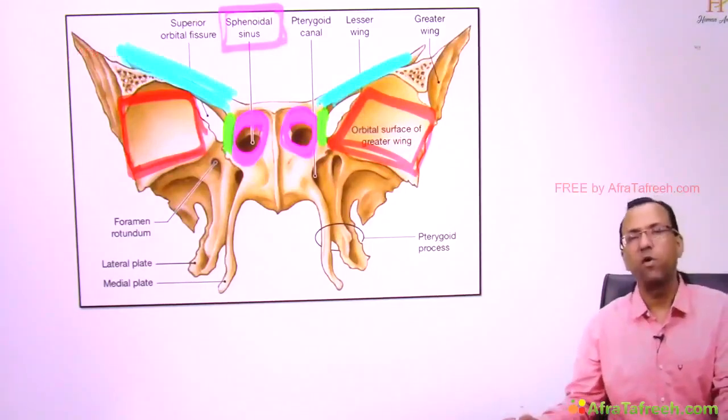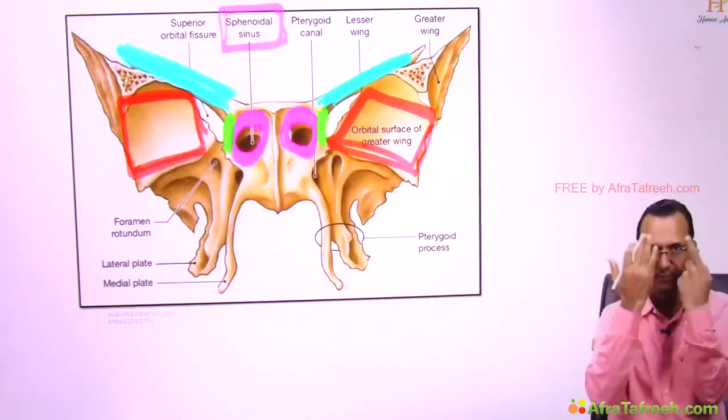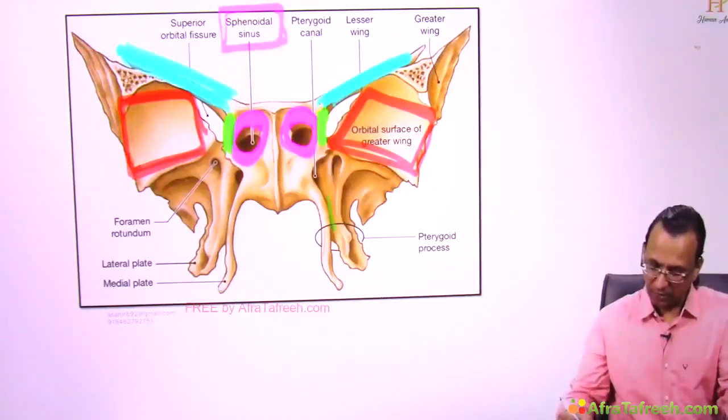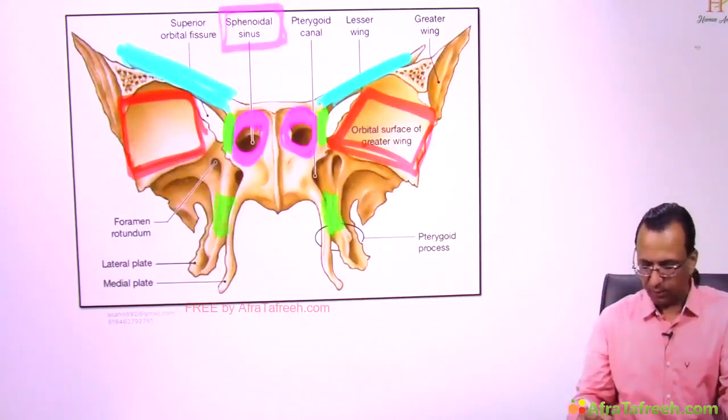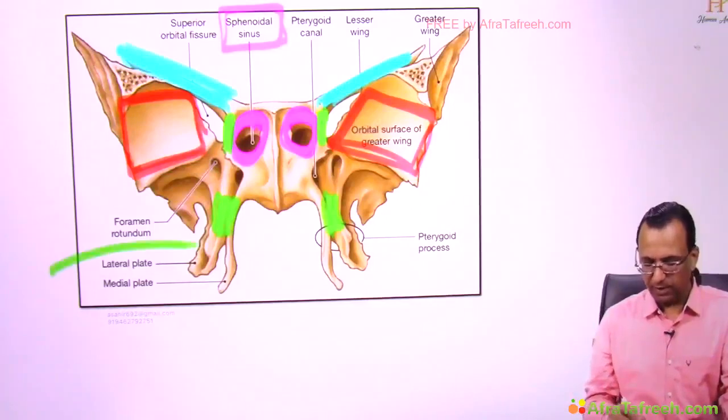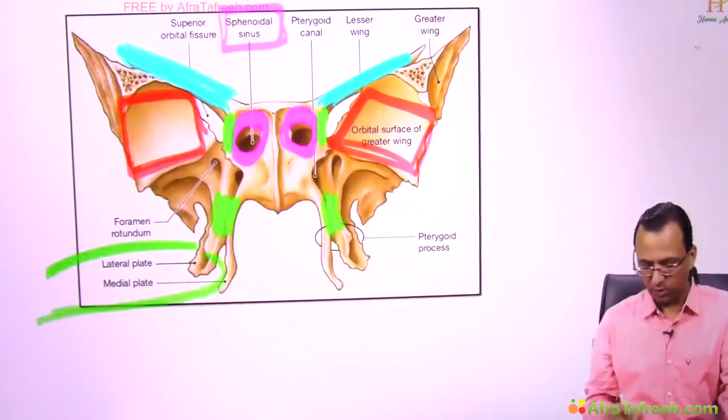Now the sphenoid bone from the front view. Look at this pterygoid process. This pterygoid process gives origin to some muscles. One muscle will come from the lateral side and one from the medial side.